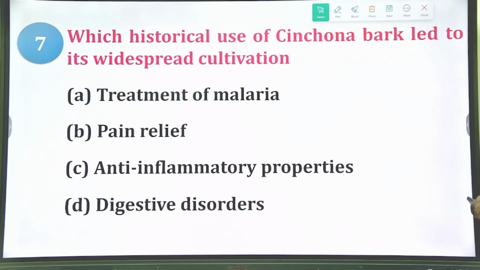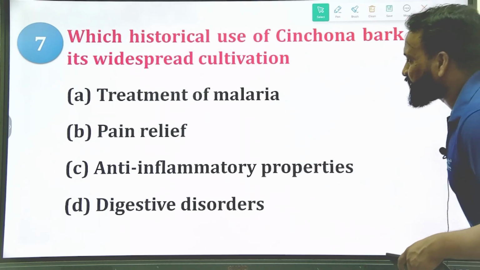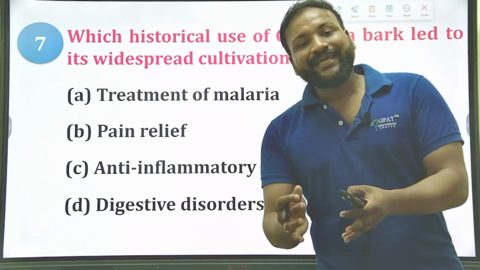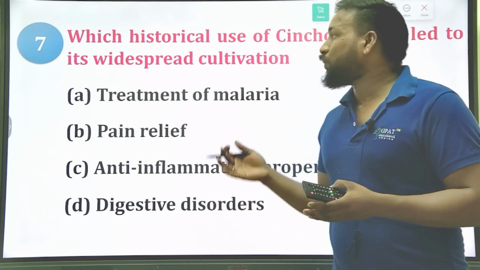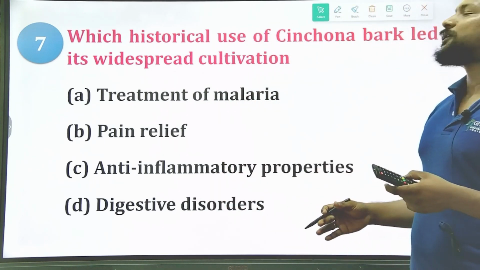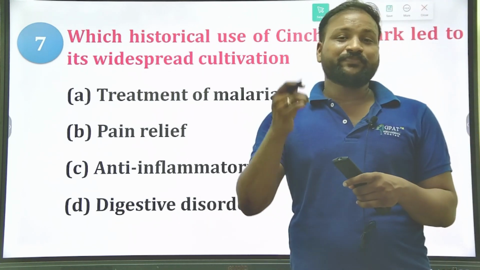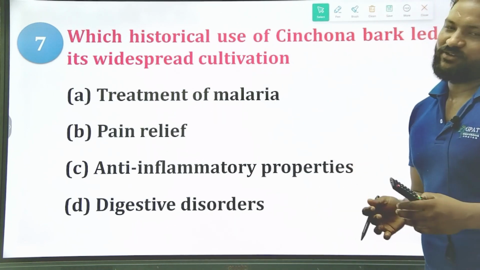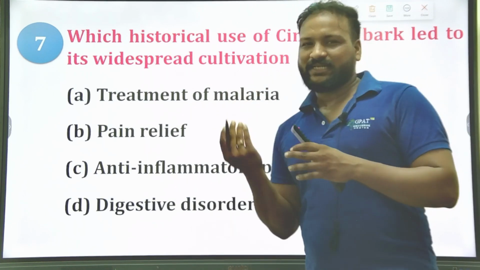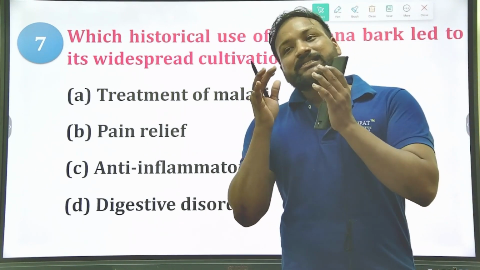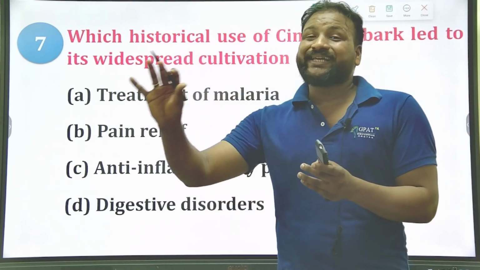Seventh question of this series: which historical use of cinchona bark led to its widespread cultivation? So simple. What main use led to the widespread cultivation of cinchona? If you know some basics of pharmacognosy, you will definitely pick the right answer, because in pharmacognosy some drugs are very specific to their actions.